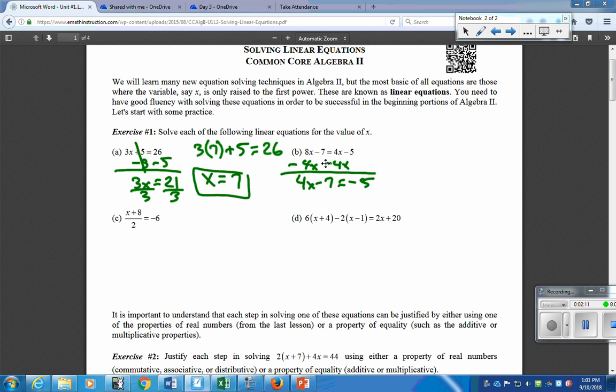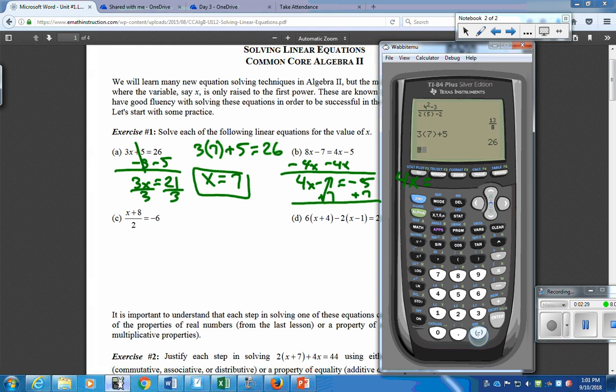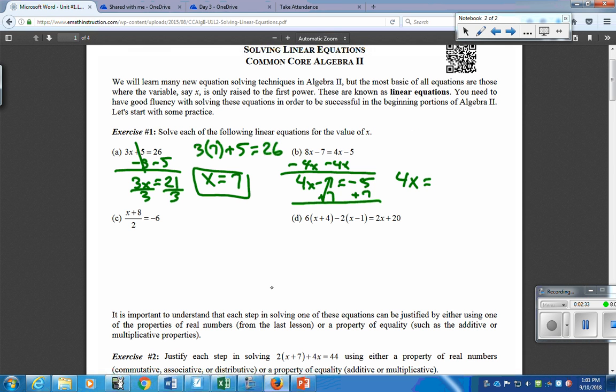And then to balance it, because I got 2 on one side now, I'm going to balance it by adding the 7 on both sides. And just be careful, because when you do this, the negative 5 plus 7, when you type it in your calculator, it should look exactly like that says, which in this case would be negative 5 plus 7, which is positive 2.